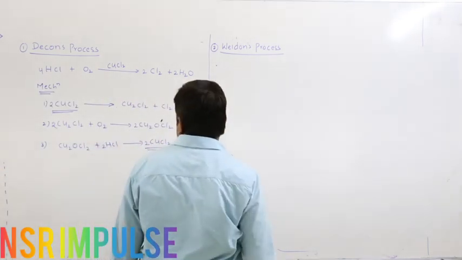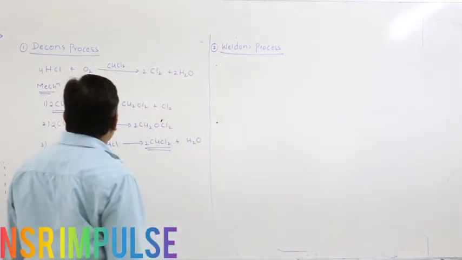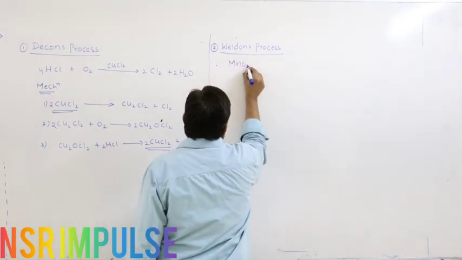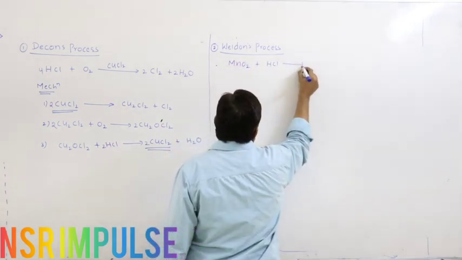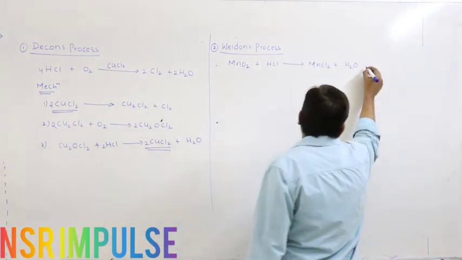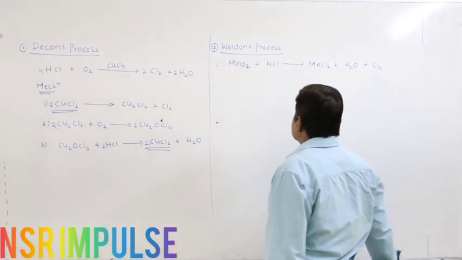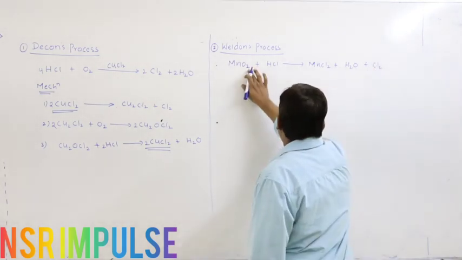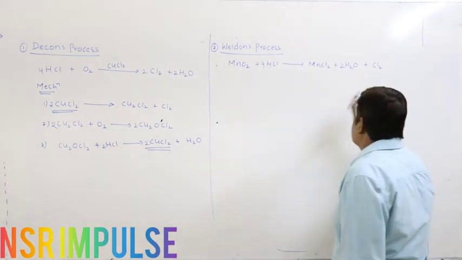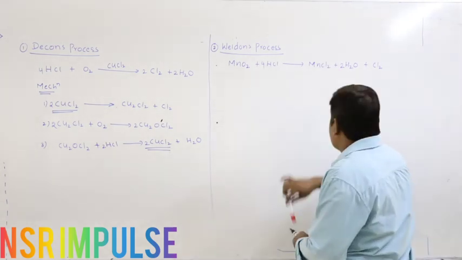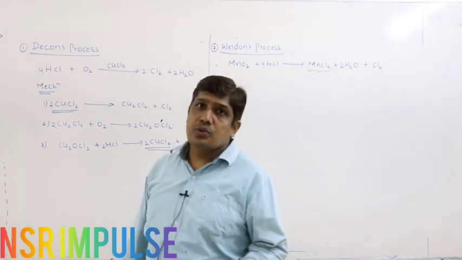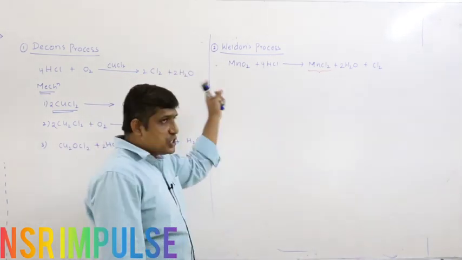Here we take oxidizing agent MnO2, allow it to react with HCl to form MnCl2 plus water and chlorine gas. 2 oxygens, so 2 H2O, so we require 4 HCl, right. So MnCl2 is the byproduct formed.